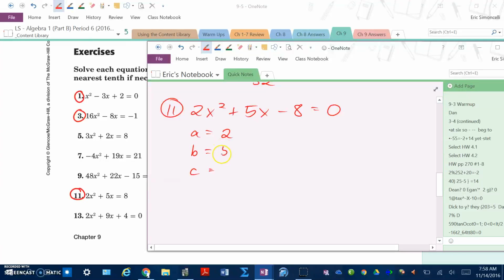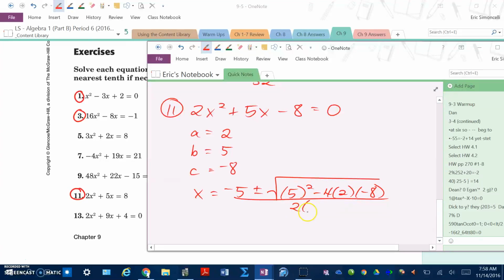A is 2, b is 5, and c is -8. So x equals -b plus or minus square root of b squared minus 4 times a times c, all over 2 times a. We'll continue, so -5 plus or minus square root. We'll have 5 squared, 25, and then we'll do the math here.